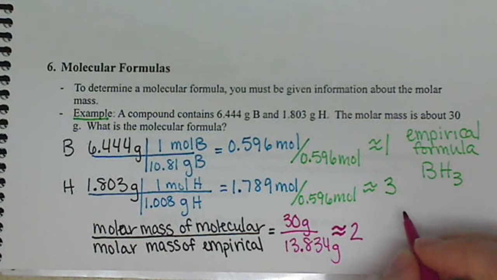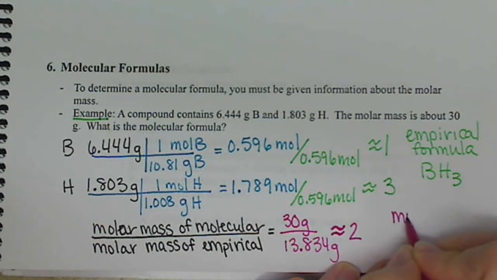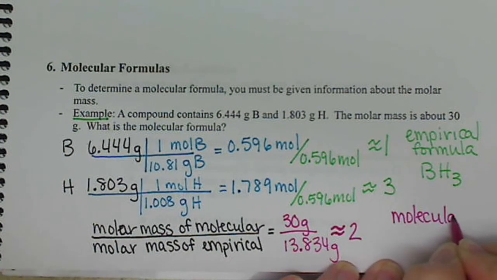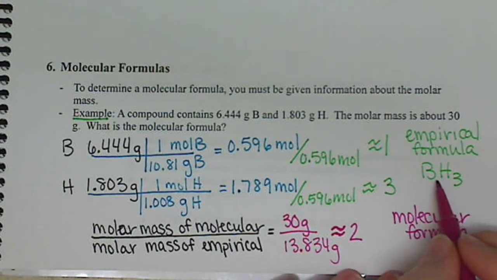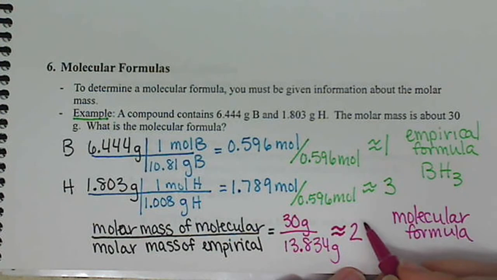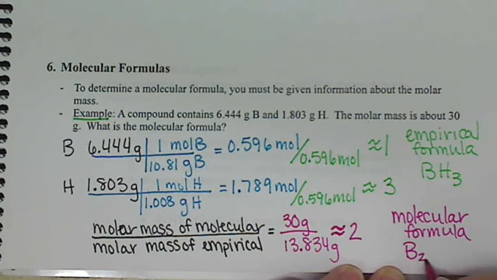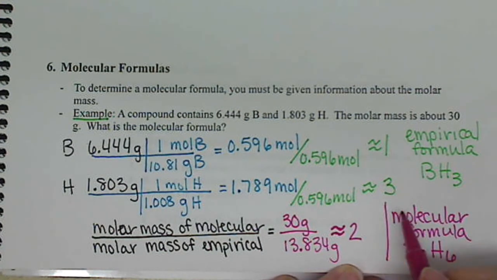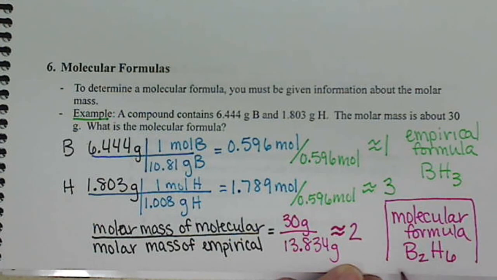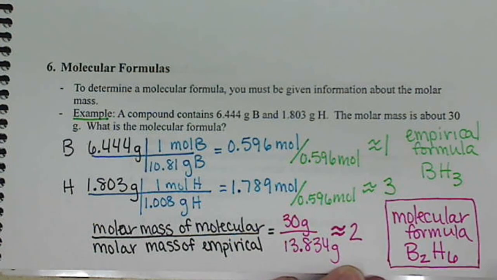So for our molecular formula, we want to multiply our subscripts each by this ratio, so times them by 2. We end up with B2H6. So that is our final answer.